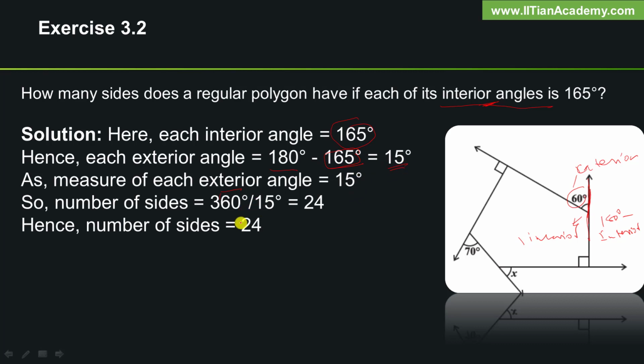So, the number of sides equals 360 degrees divided by 15 degrees equals 24. Hence, the number of sides equals 24.